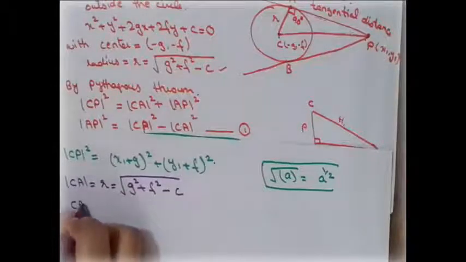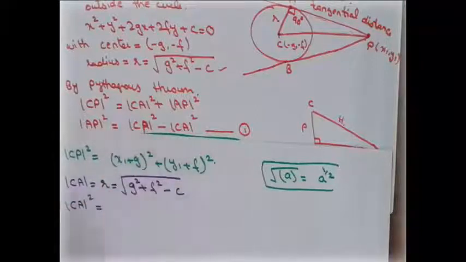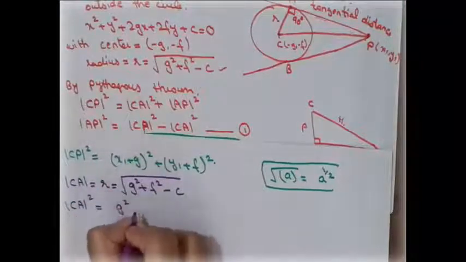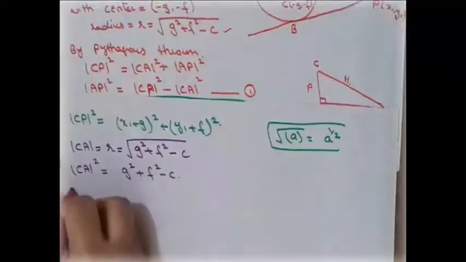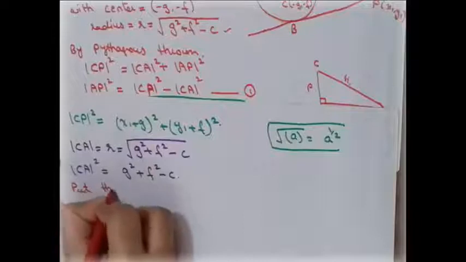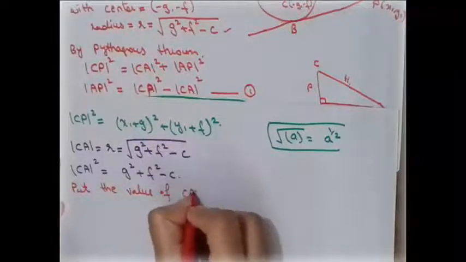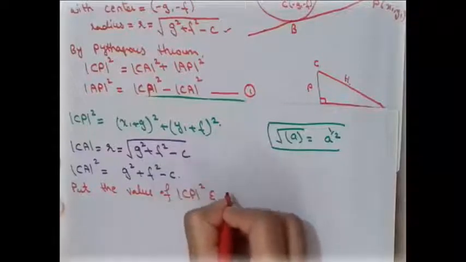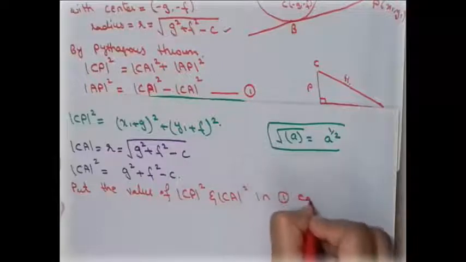So if I take a square on both sides, then this radical sign can be removed, and we are left with g squared plus f squared minus c. In the next step, we have to put the values of CP squared and CA squared in the first equation.